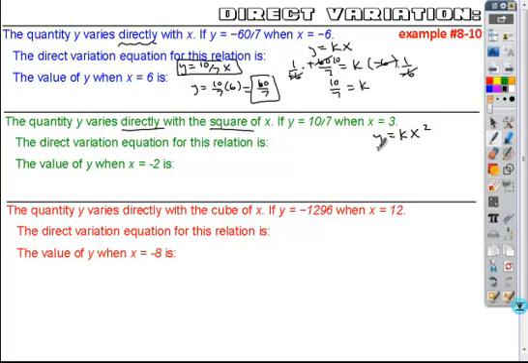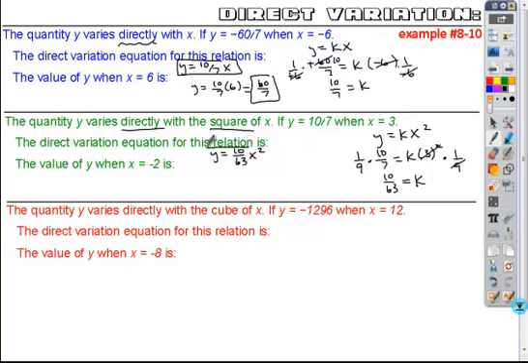Plug in my values. 10 over 7 is equal to k times 3 squared. To solve for k, I multiply by the reciprocal, 1 over 9. That cancels 3 squared and 9, and nothing else cancels, so I get my k value to be 10 over 63. So my equation is y equals 10 over 63 x squared.